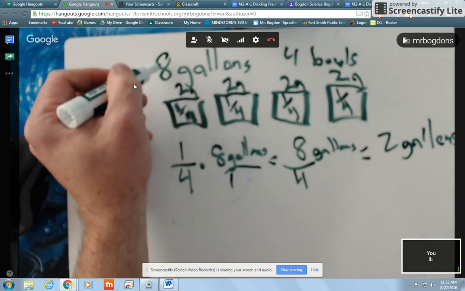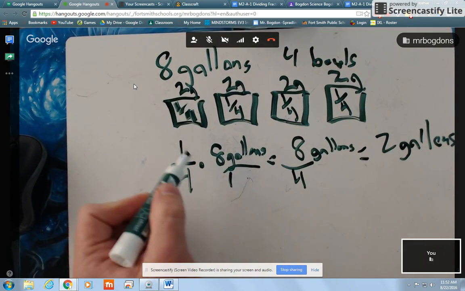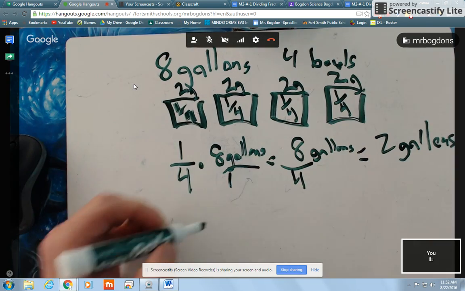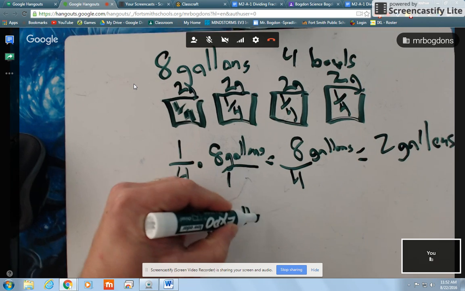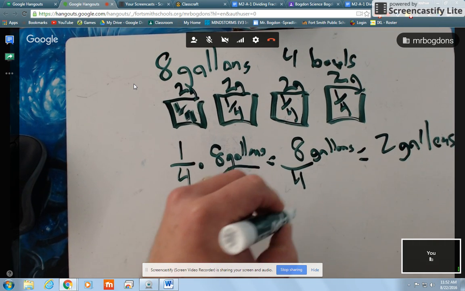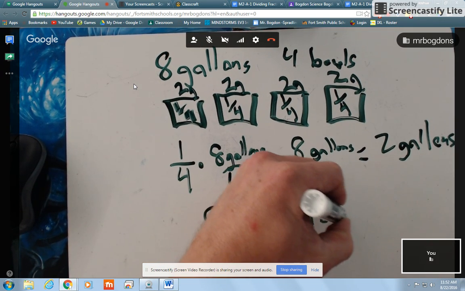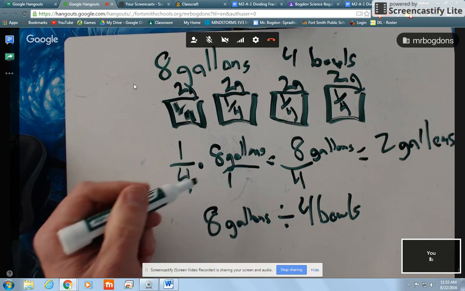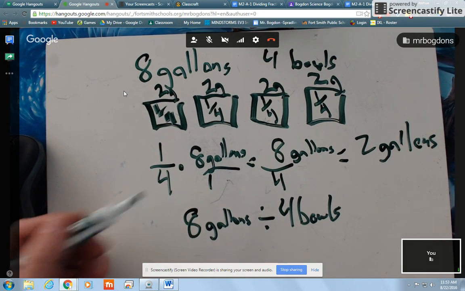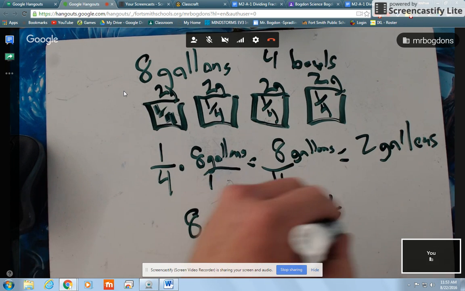Another way I can think about this, I use multiplication, okay? I could say, what is 8 gallons divided by 4 bowls? So the answer is just going to be 8 divided by 4. I can also think of it as a fraction. Because remember, anytime that we have division, I can express this as a fraction.